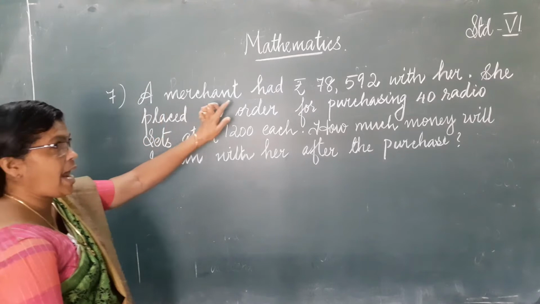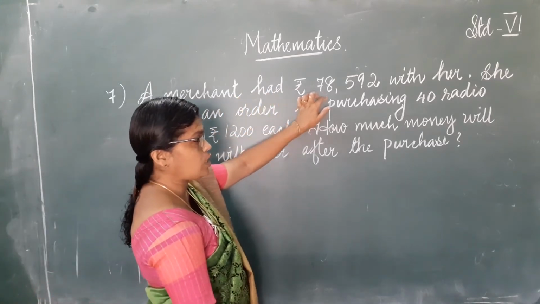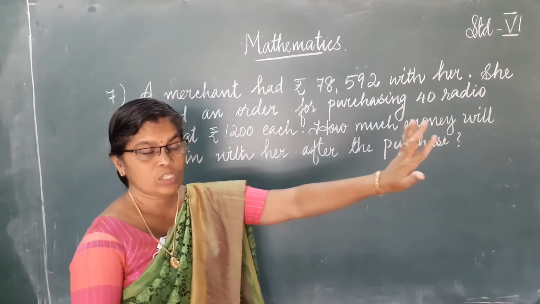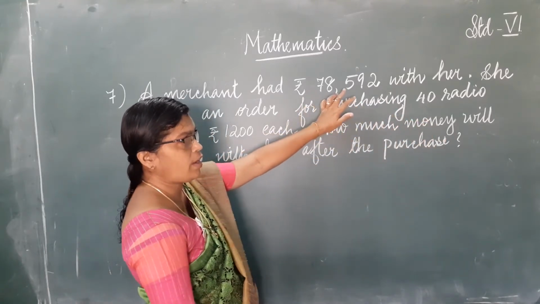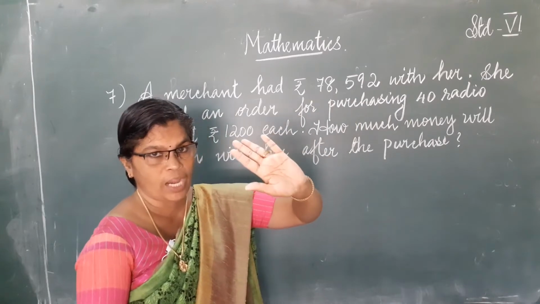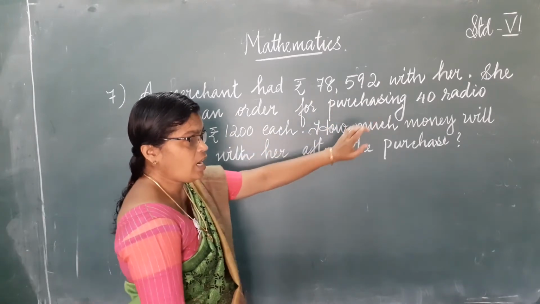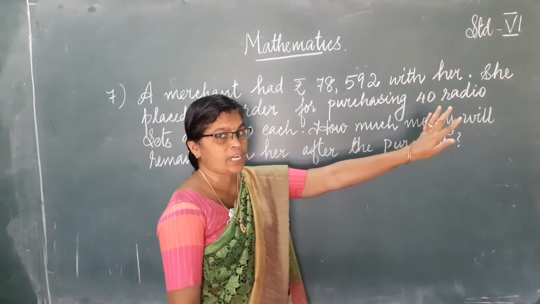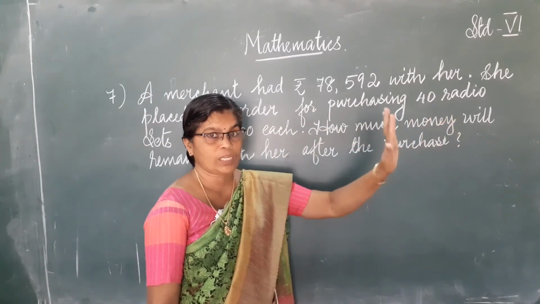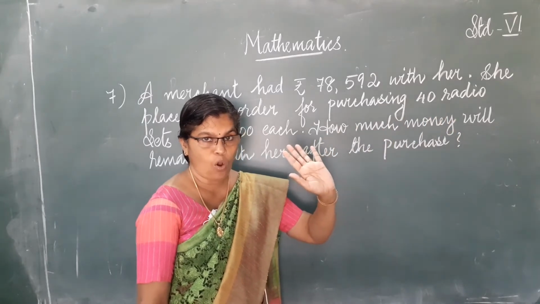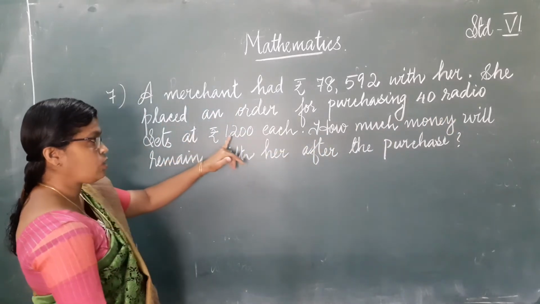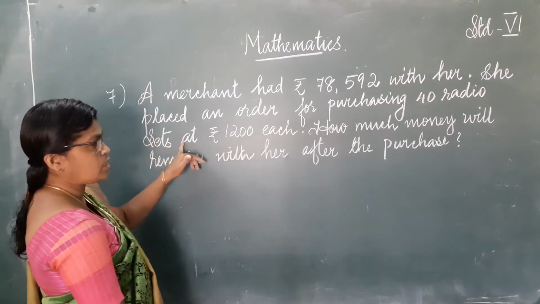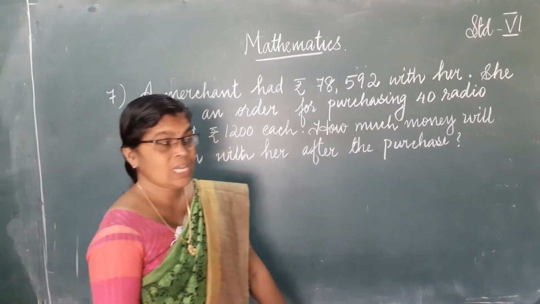A merchant had rupees 78,592 with her. That is the total amount she had. Then she placed an order for purchasing 40 radio sets, costing rupees 1,200 each.